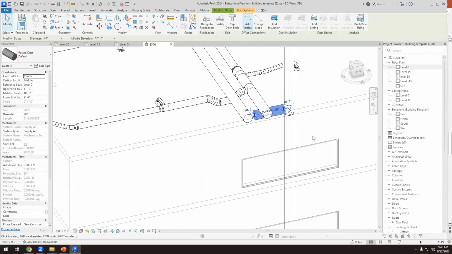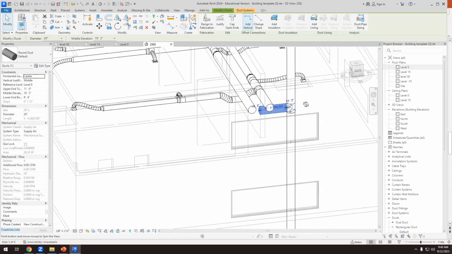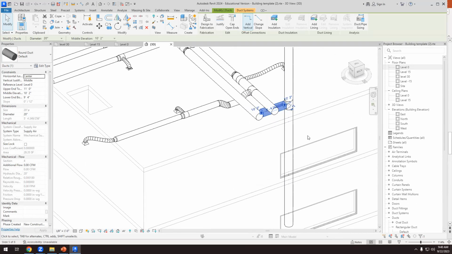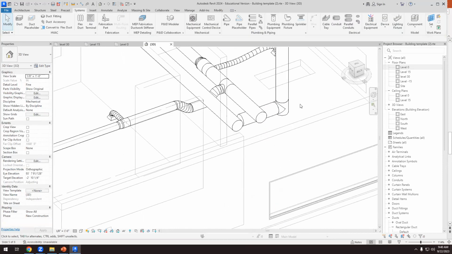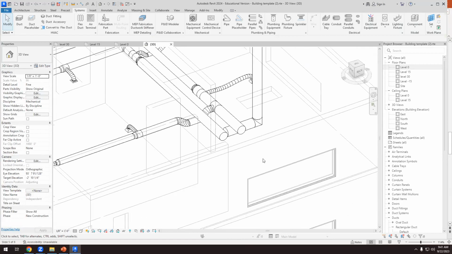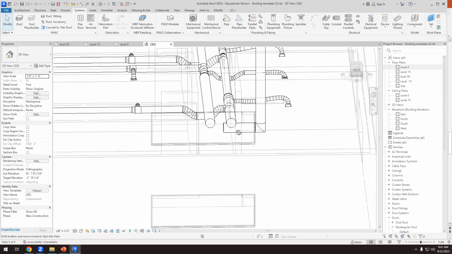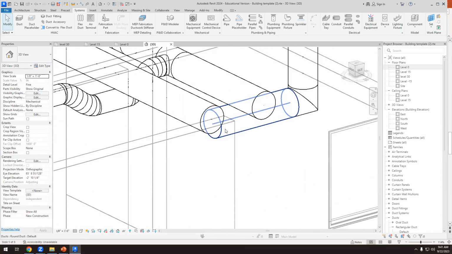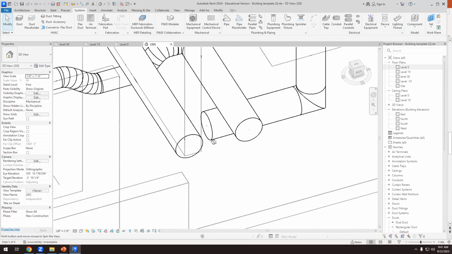Yes, it is. And since this is the first floor, I don't need a T, I just need an elbow. So select the T and do this. So that's the elbow. Okay. And now I only have to connect these two.